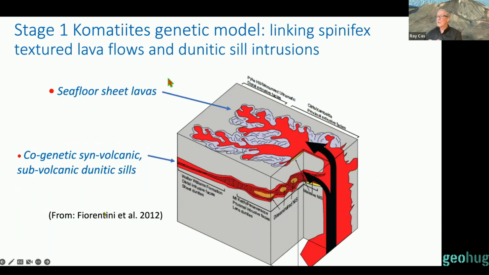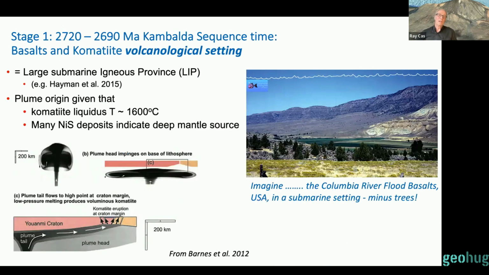province. So in the modern plate tectonic world, particularly with plume-fed settings, there are mafic large igneous provinces. But here, as proposed by Barnes et al. in 2012 and Heyman et al. in 2015, we think we've got a submarine Archean example.